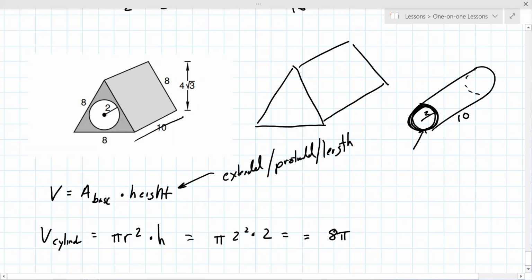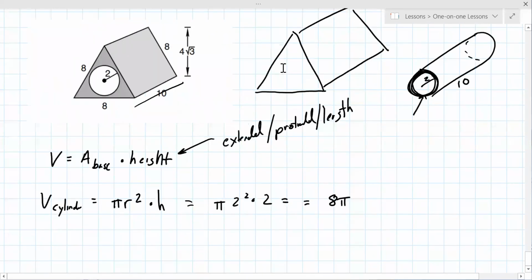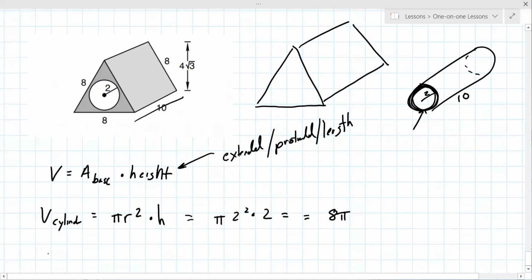Okay. So this triangular prism, I'm going to call it a tent because I don't know what else. It is a triangular prism, but we'll just write it this way. What is the front face? It's a triangle. It's in the name. The area of a triangle is 1/2 base times height. Now we already used the word base up here. Base means this front edge.